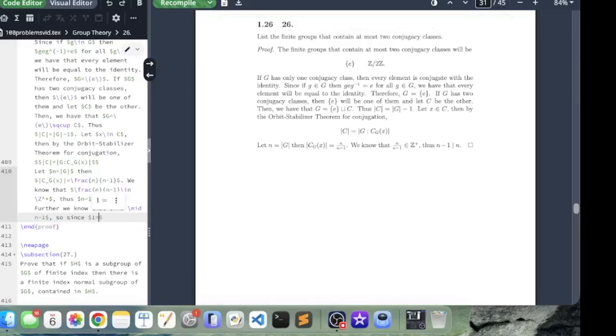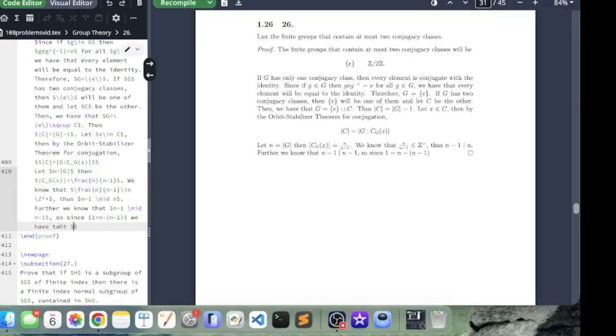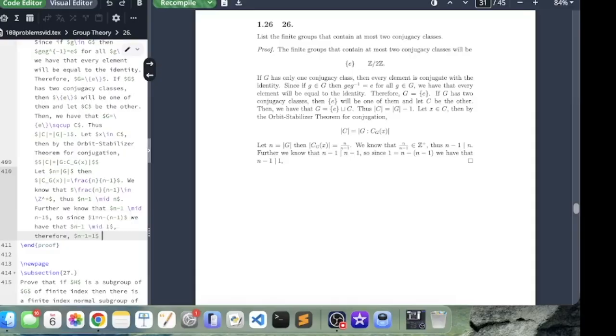So 1 is equal to n minus (n minus 1), two things that both are divisible by n minus 1. So since 1 equals this, we have that n minus 1 divides 1, and it's a positive number. Therefore, n minus 1 is equal to 1. So n equals 2.